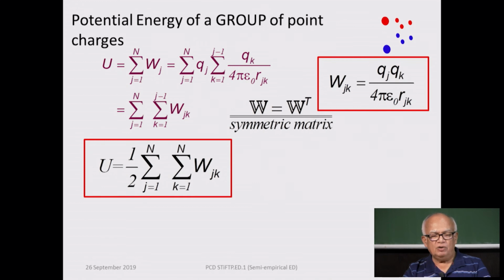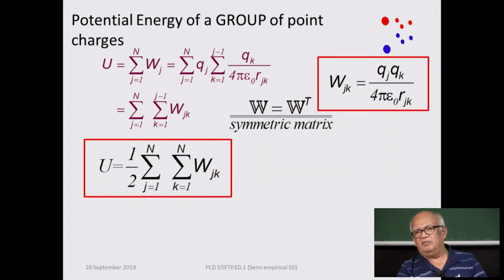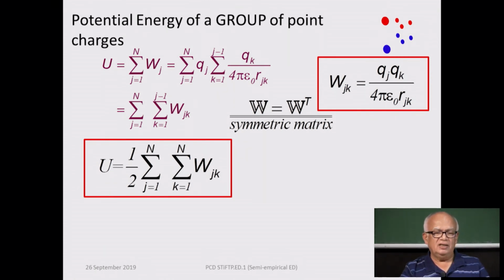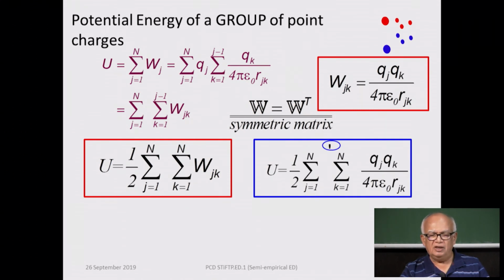What happens when k is equal to j? It does not matter, because wjj or wkk, whenever the two indices of w are the same, it contributes 0. So, it does not give anything to this. But when you write this in terms of the Coulomb potential and sum it over, then you must avoid j equal to k, because otherwise 1 over rjk for j equal to k becomes 1 over 0, and then you will have an infinity.